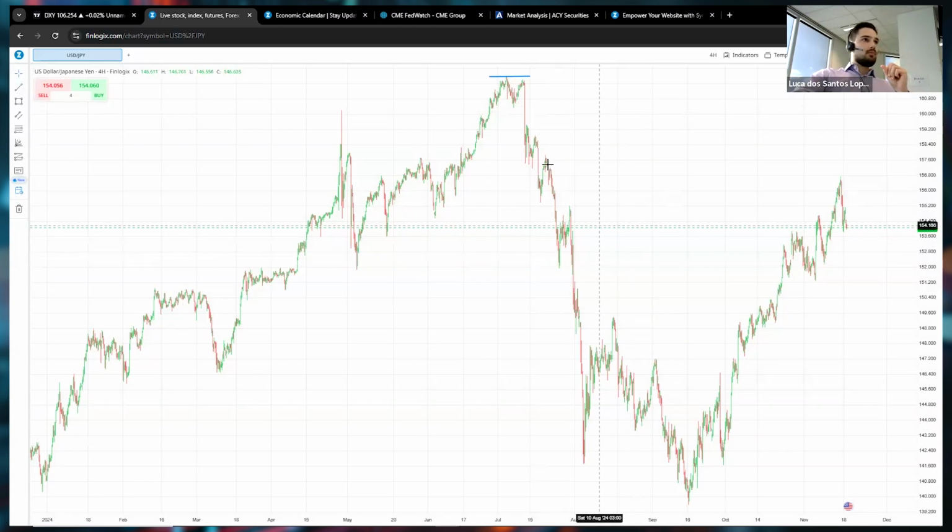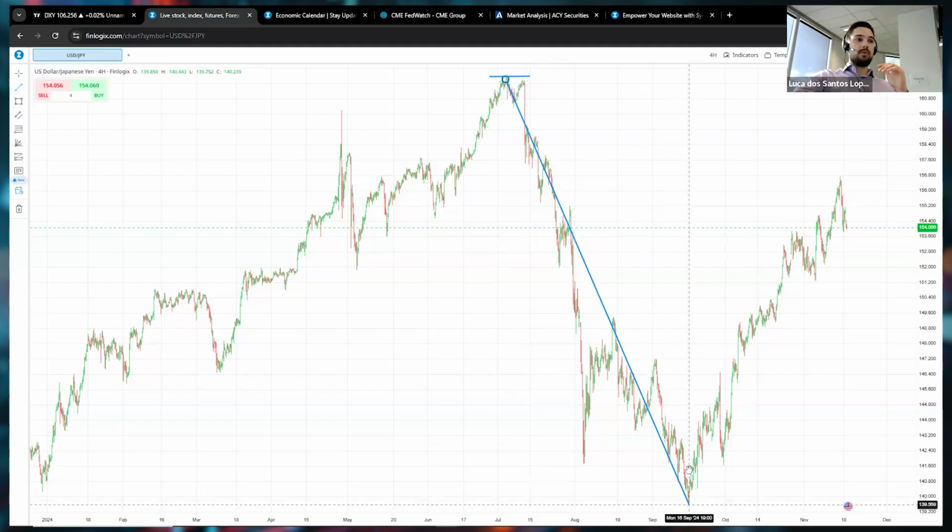Then the US dollar had some sort of correction, and the Bank of Japan was very smart to increase 25 basis points and get out of ZIRP, the zero interest rate monetary policy, and increase to 0.25%. This made the Japanese yen very strong.